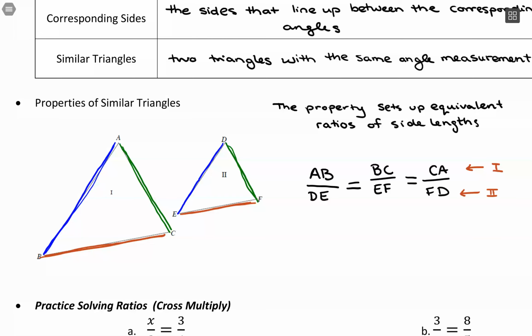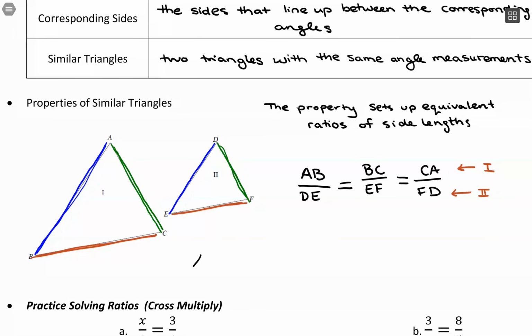Some notation that you'll see with triangles. So like we have triangle ABC up here for triangle 1. If I wanted to write notation to say that's similar to triangle 2, for notation, similar would be this squiggle between the two, and then triangle.